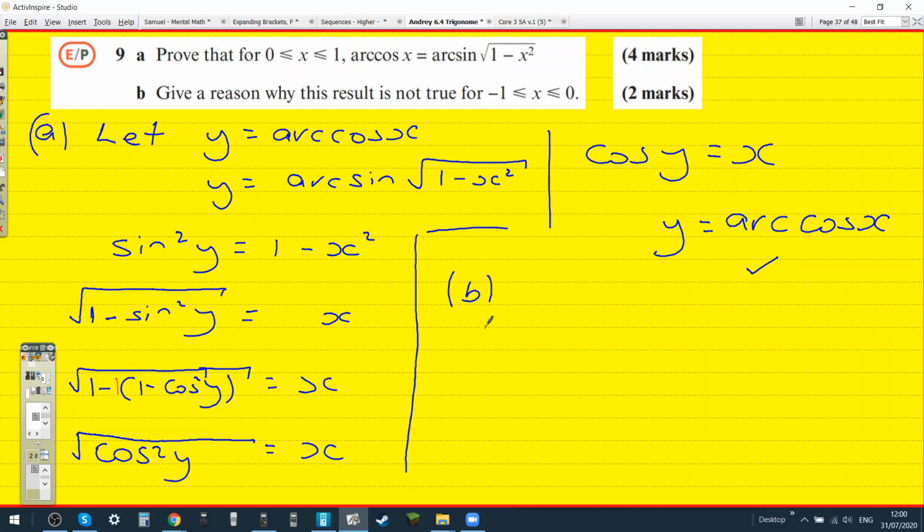Do I need to say, because it's arc cos and arc cos ranges up to 1 rather than 0? Maybe. Is it this thing? X is an angle.